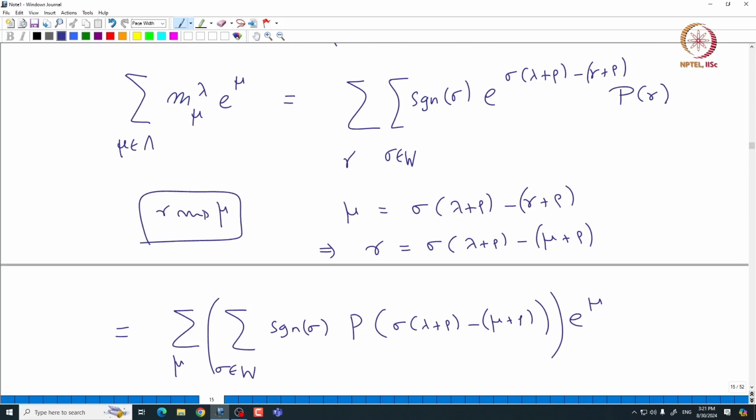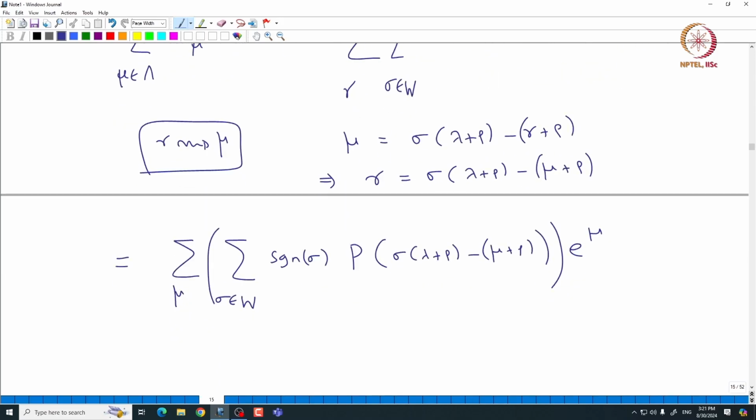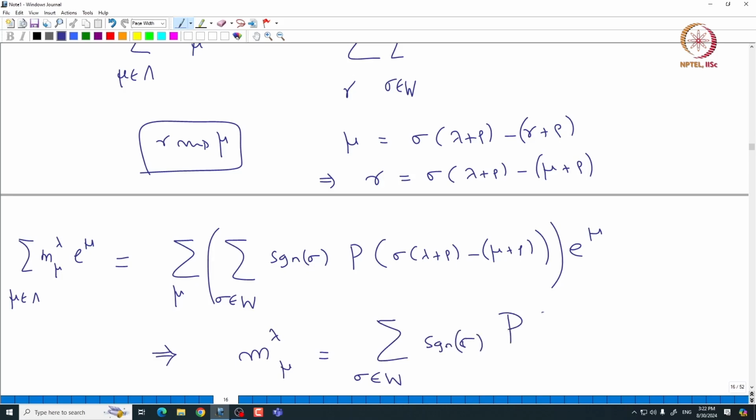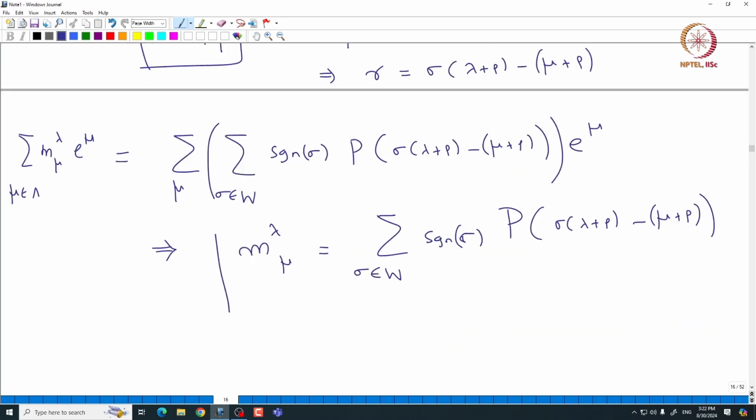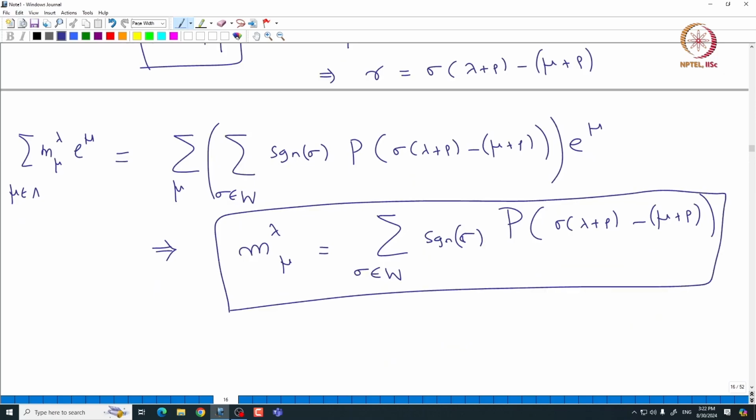If you do this change of variable, then we are rewriting all these things. So this is exactly equal to the summation over mu in lambda of the multiplicity of mu in V lambda, e power mu. This implies that the multiplicity of mu in V lambda is given by the summation over sigma in W, sine sigma, P of sigma of lambda plus rho minus mu plus rho. So this is a very explicit and straightforward application of the Weyl character formula.